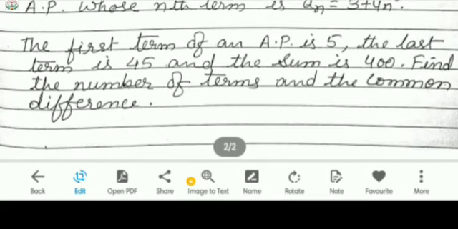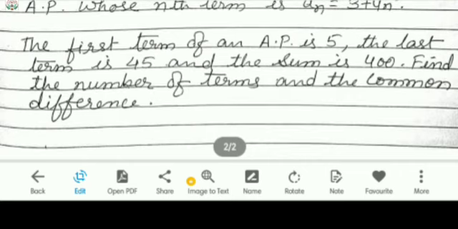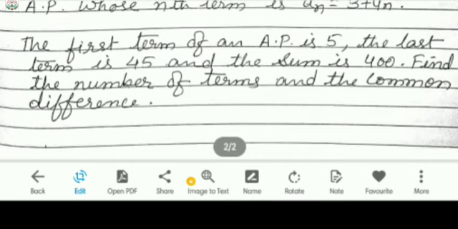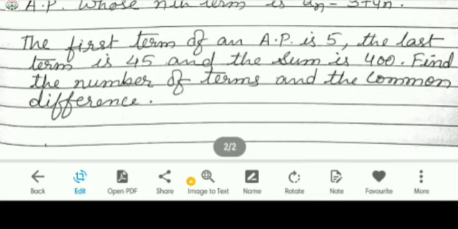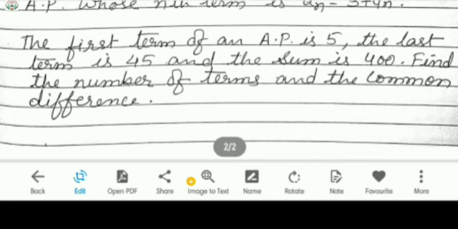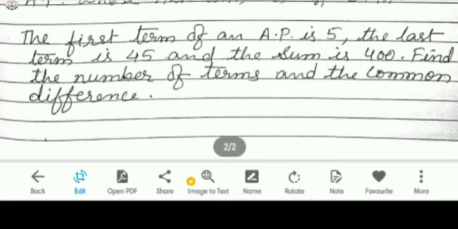Now after that, the sixth question. The first term of an AP is 5. A is 5. The last term L is 45. And the sum Sn is given as 400. Find the number of terms and the common difference. First, using the Sn formula, we will find the value of n, the number of terms.